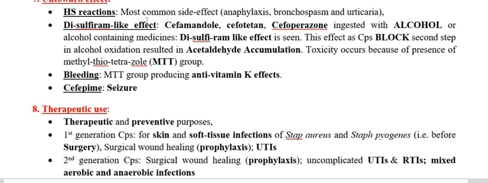Other than that, the drugs like cefamandole, cefotetan, cefoperazone, and other drugs that belong to cephalosporin, when taken along with alcohol, are going to produce toxicity. How is this going to produce the toxicity?